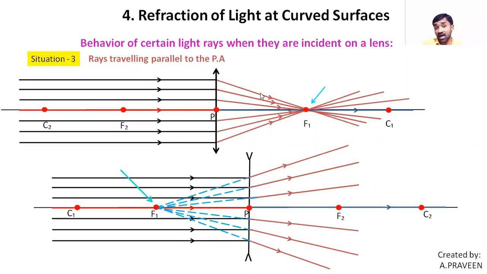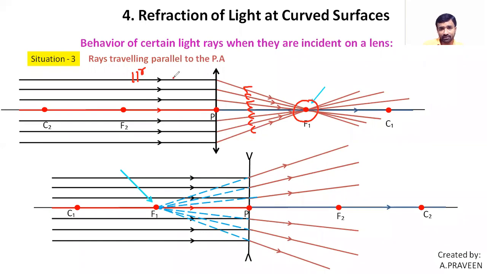Situation 4 is the converse. Here we sent rays parallel to the principal axis, and after refraction they converge at a point. If you send the light rays in the reverse direction through the focus onto the lens, what happens?